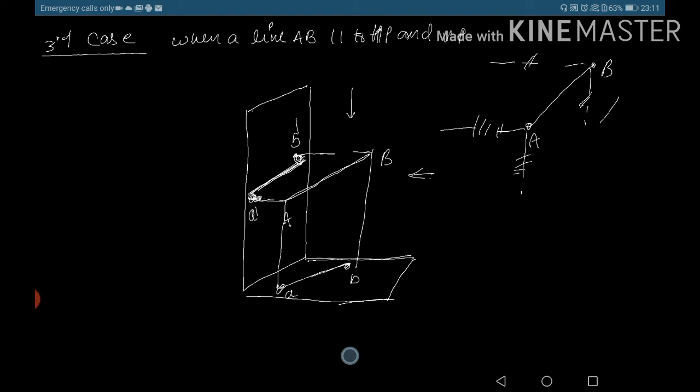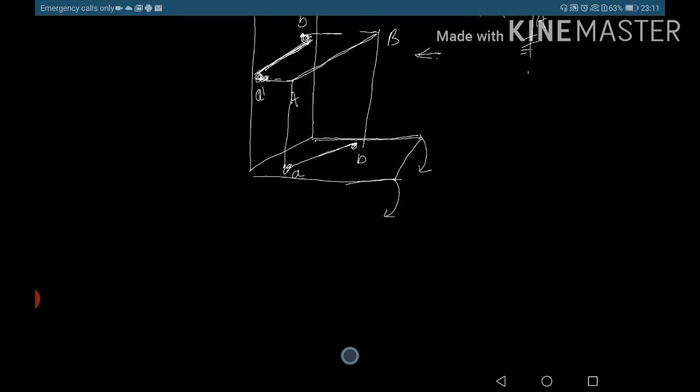Okay, so after rotation, what will you get? Since this distance and this distance are same, let's say this is A naught, this is B naught. So A naught A would be equal to B naught B. Similarly, A naught A dash, this distance would be equal to B naught B dash.